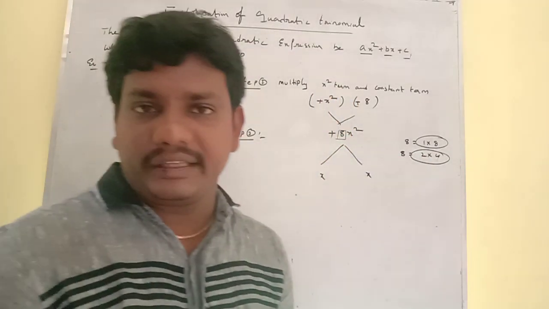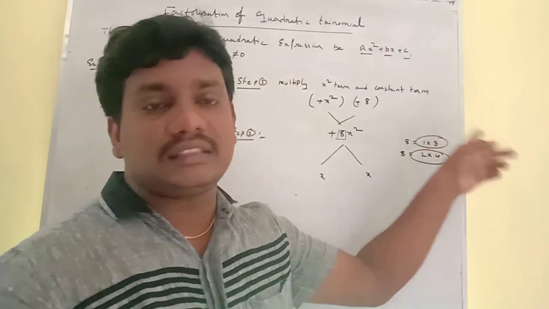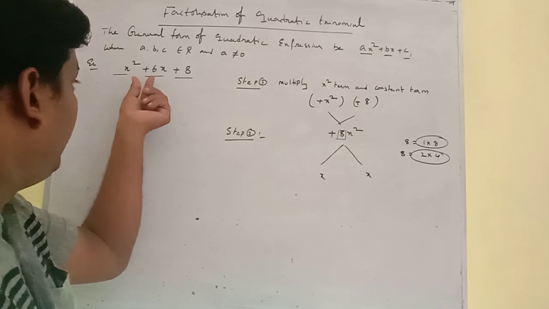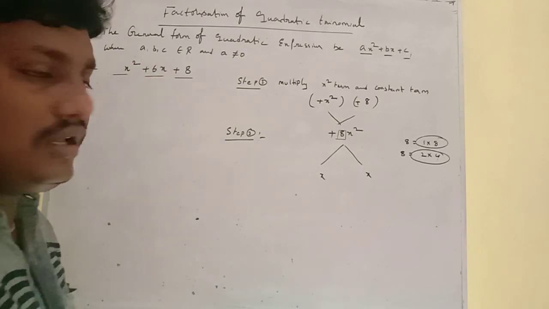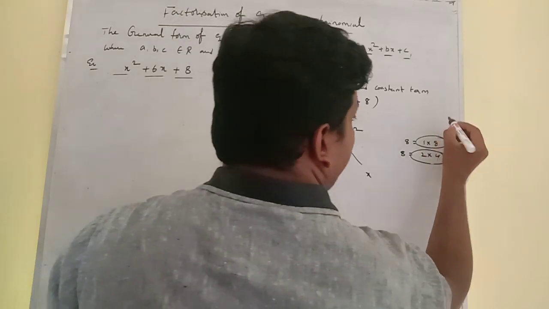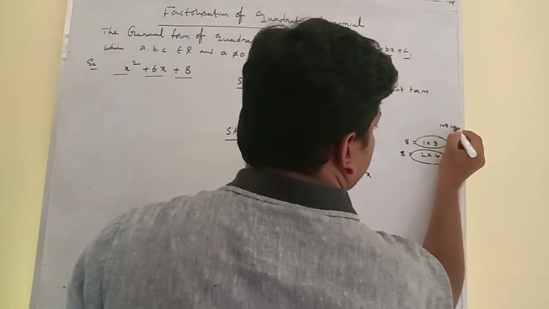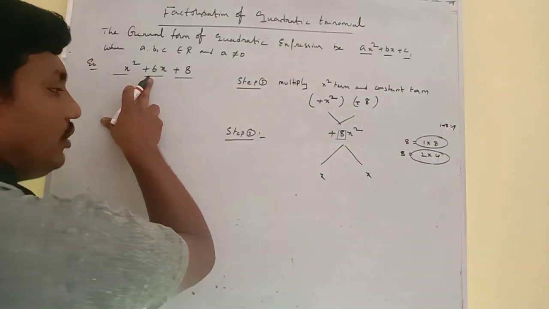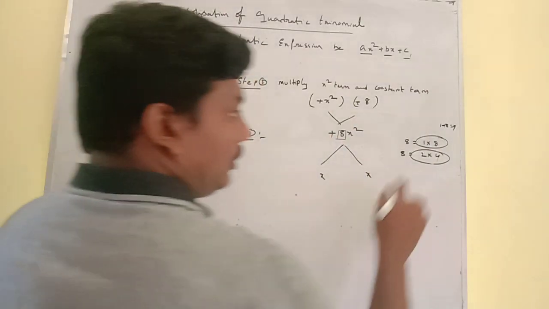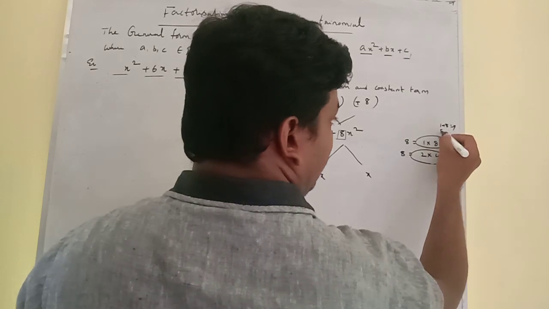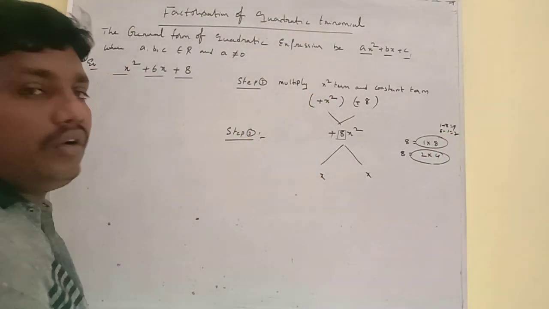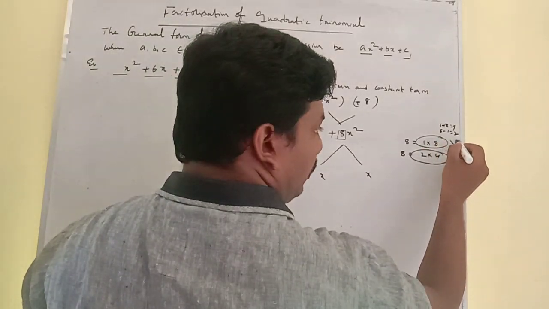In these two possibilities, the sum or difference of the factors should become the middle number, which is 6. For 1 and 8, the sum is 1 plus 8, which is 9, so not suitable. The difference is 8 minus 1, which is 7, but we need 6, so this set of factors is not suitable.